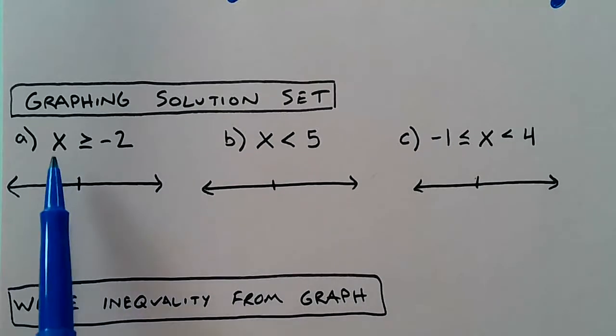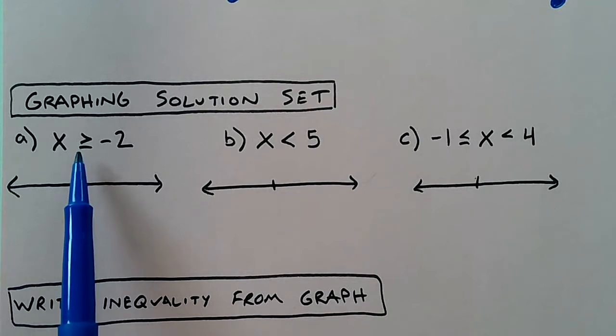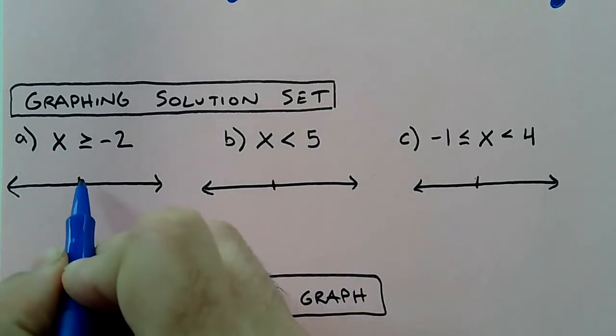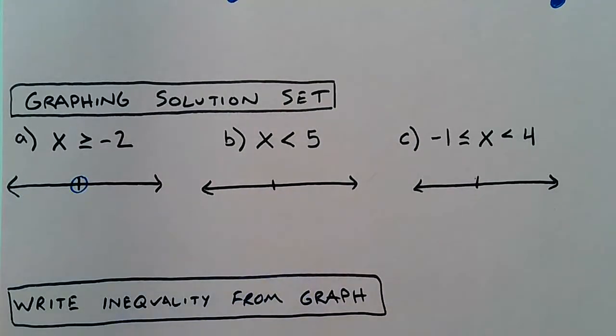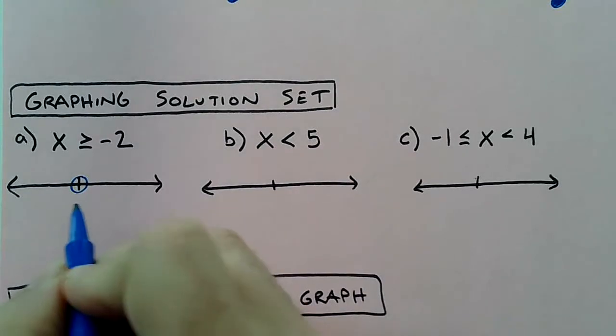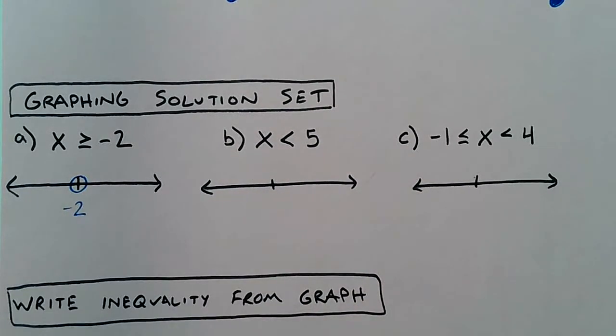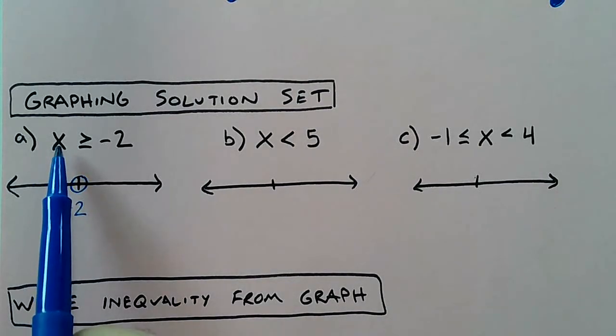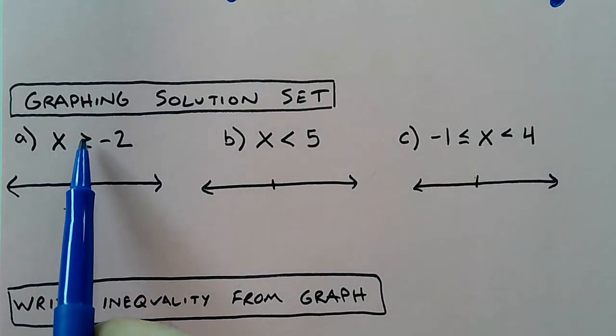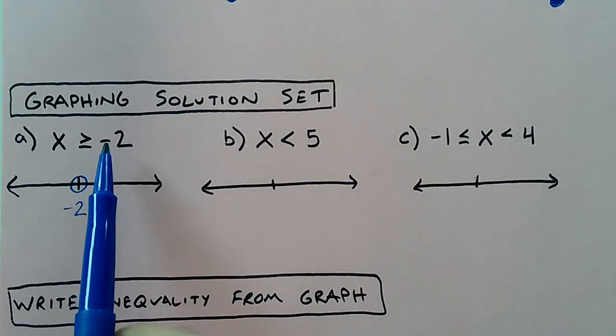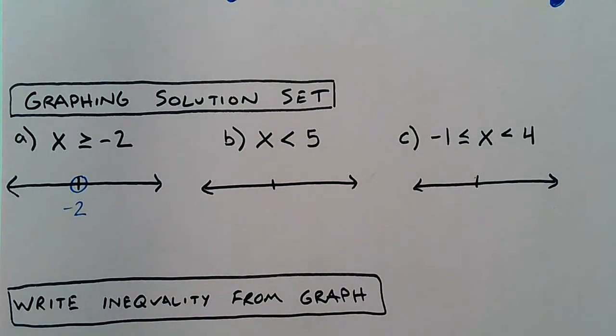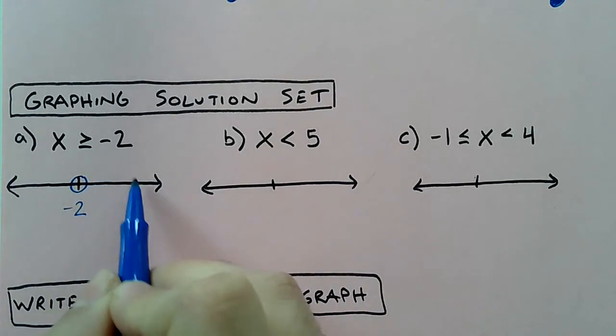Here's the solution set: x is greater than or equal to -2. We draw our number line, representing the solutions on a number line, and our boundary point goes at that circle. Another way to think of this is all values greater than or equal to -2. On my number line, where are my values greater than -2? They're over here, in this spot of the number line.